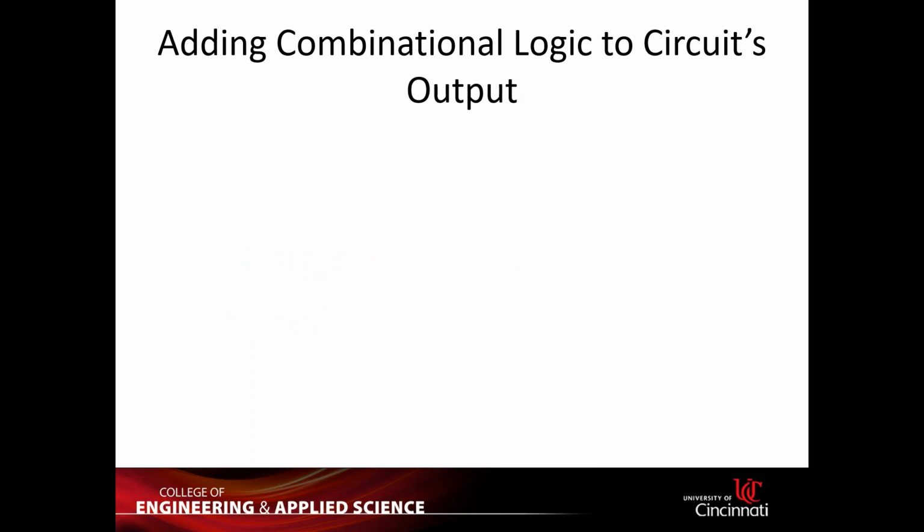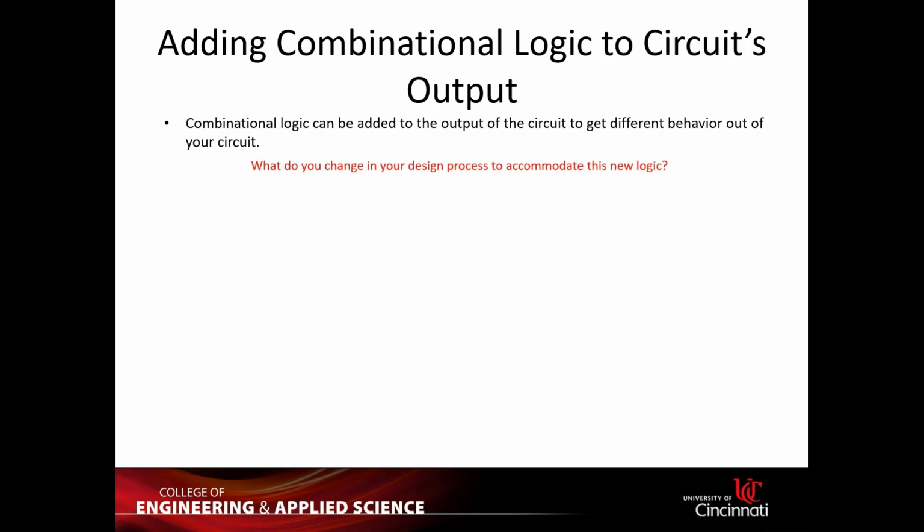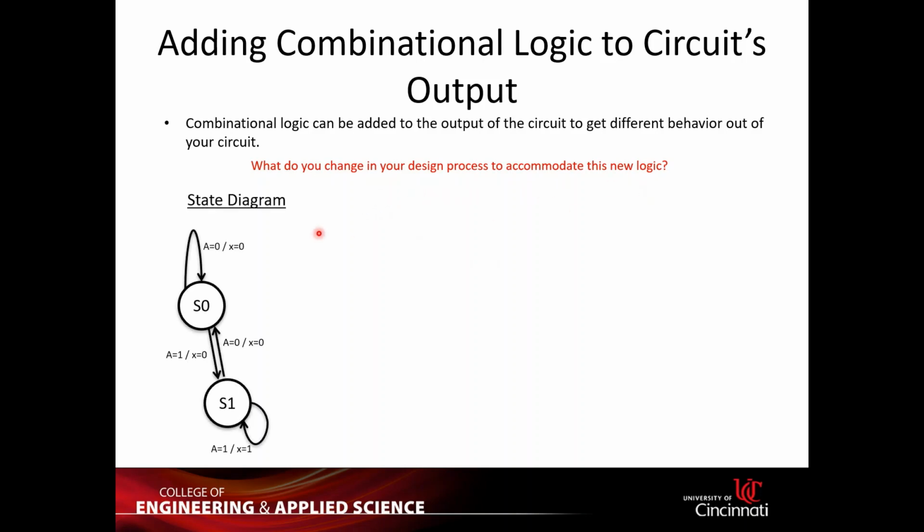Now, adding combinational logic to your circuit output. Combinational logic can be added to the output of the circuit to get different behavior out of your circuit. So what do you want to change in your design process to accommodate this new logic? For example, if you have your state diagram, right? And remember this slash. Sometimes you can easily describe the transition between states, but also you can make an output out of it.